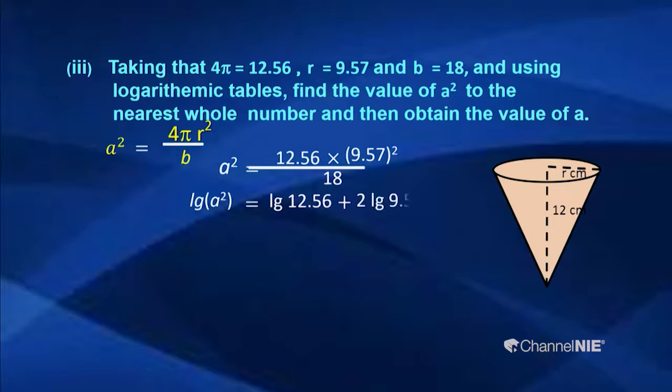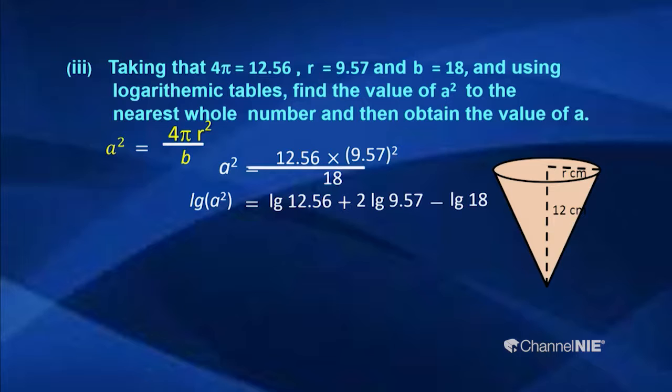plus 2 log 9.57 minus log 18. That is the method, right? These are the laws of logarithm we apply to do this part. Log 12.56 plus 2 log 9.57.